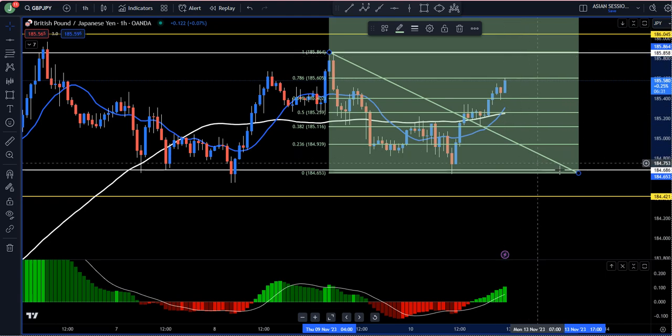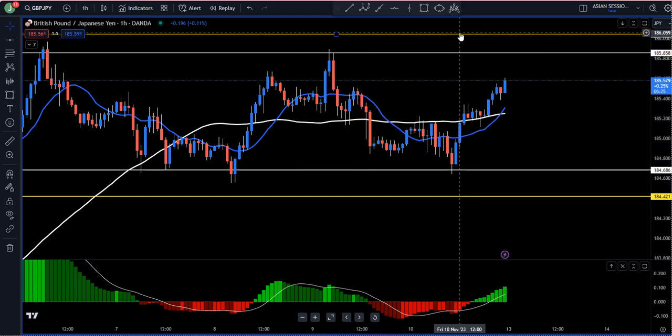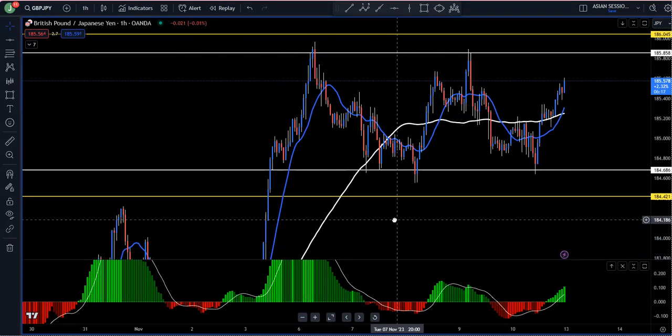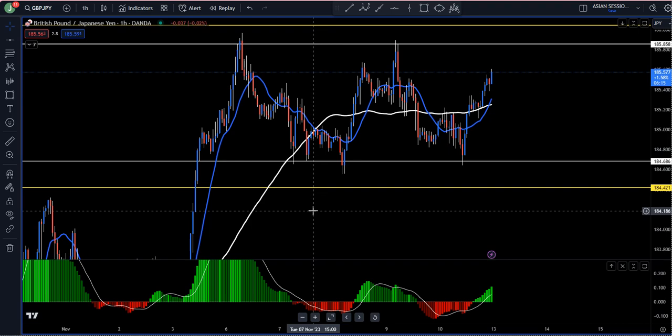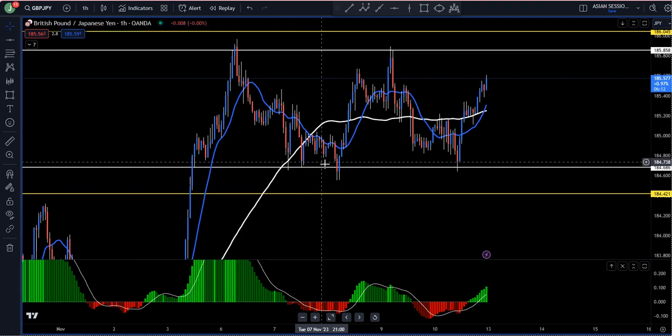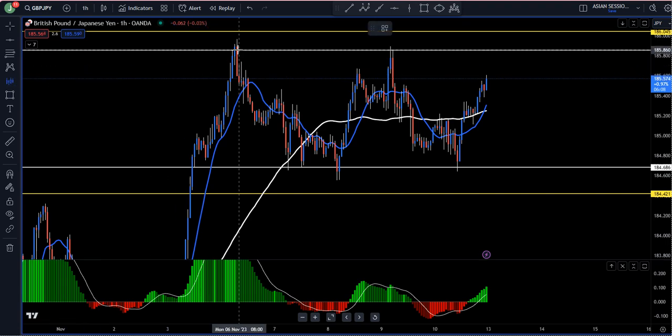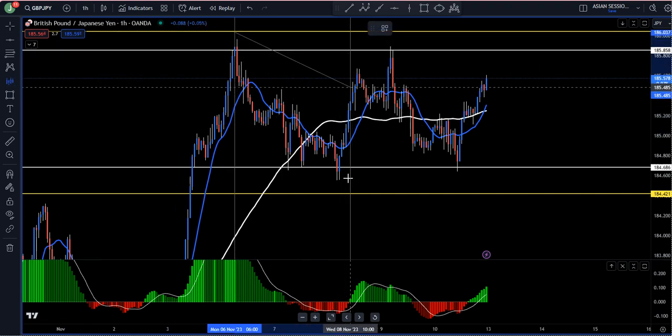And at this point, I like to put my tools on and take them off so that I can keep a clear chart. And now here's another thing that I do on the hour. I like to use this tool here. I like to use my bars.